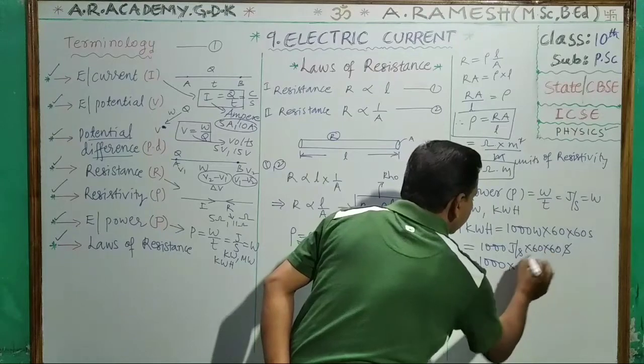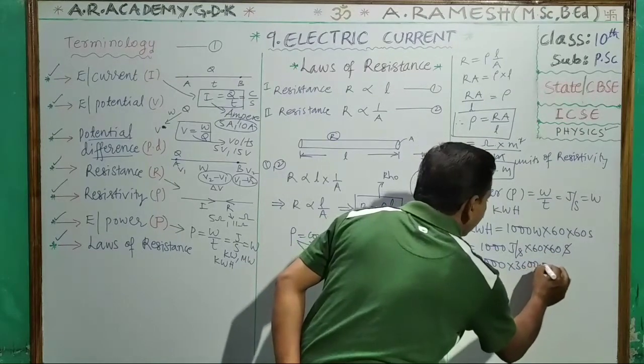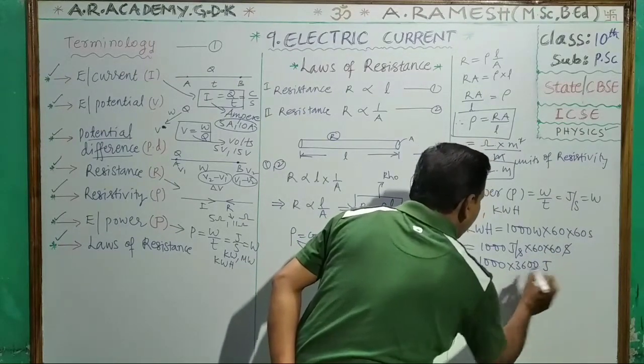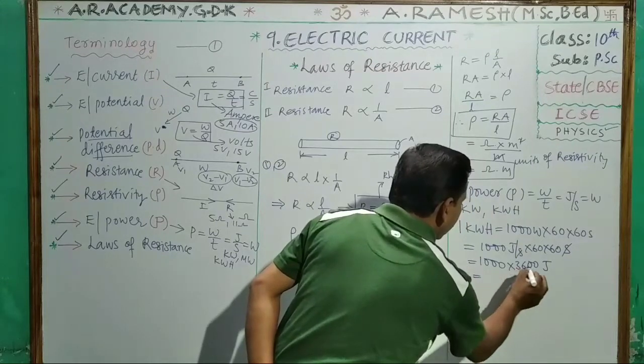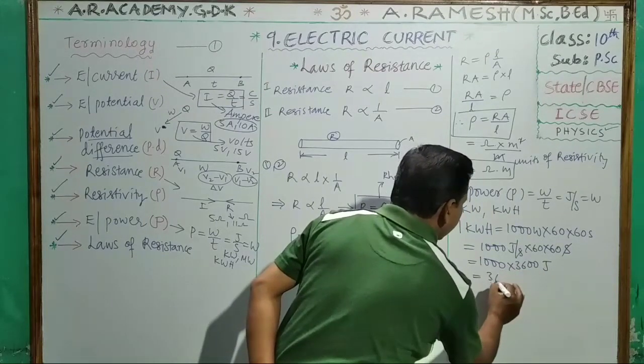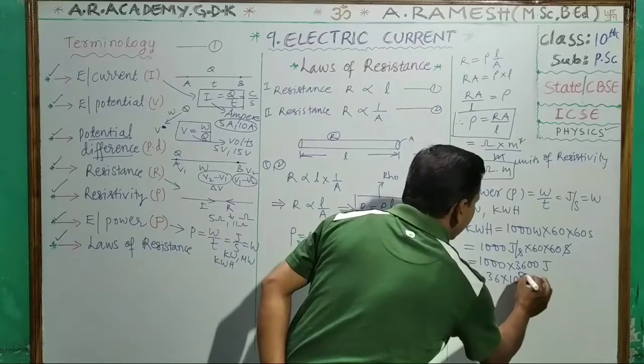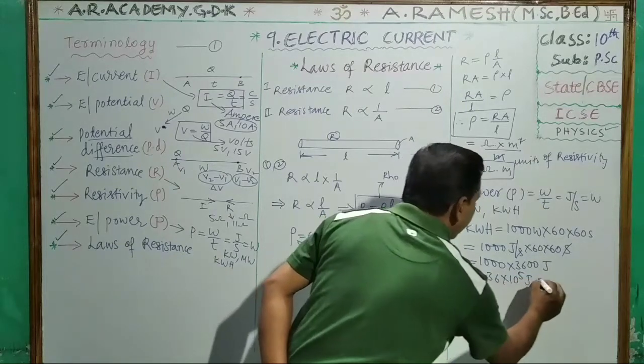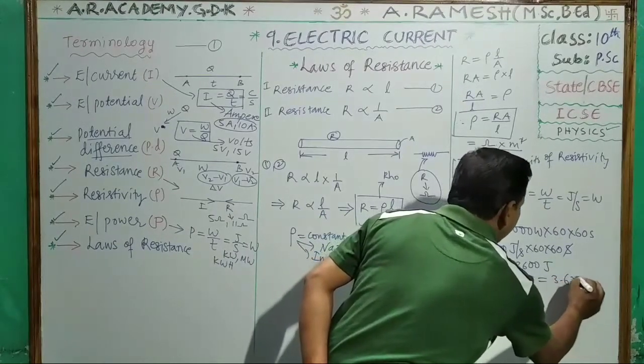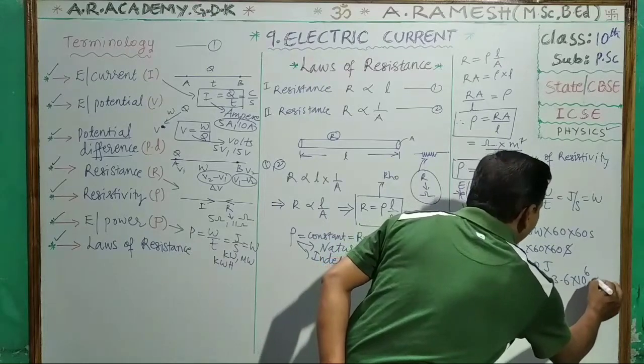1000 into 36 is 36,00,000 joules, which can be written as 36 into 10 to the power of 5 joules, or 3.6 into 10 to the power of 6 joules.